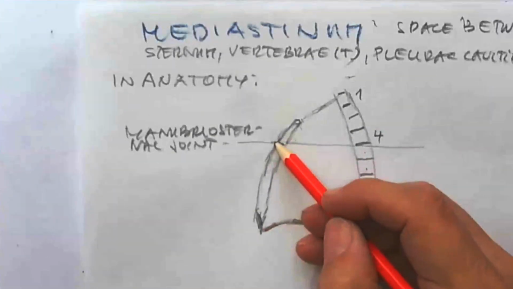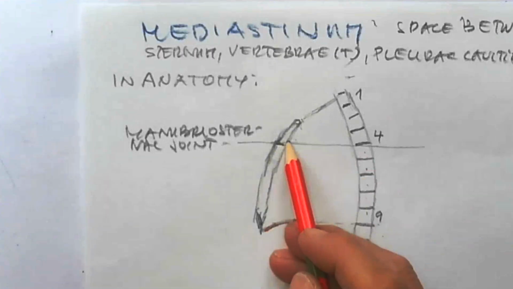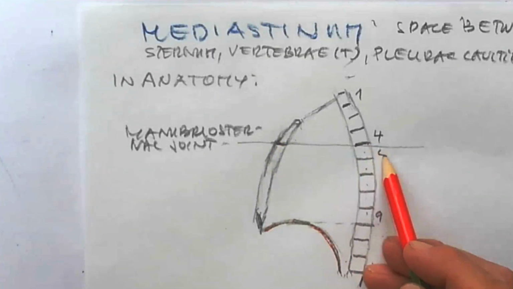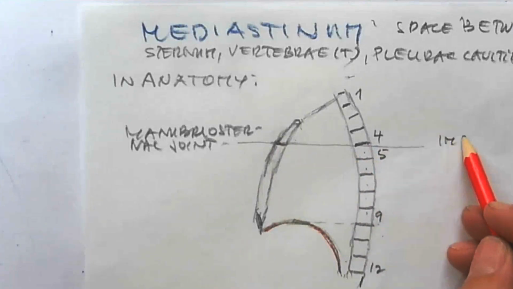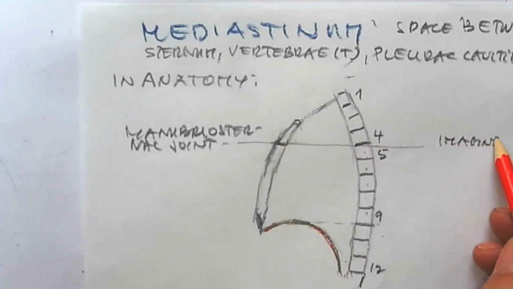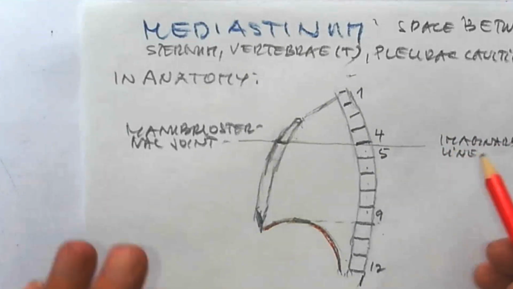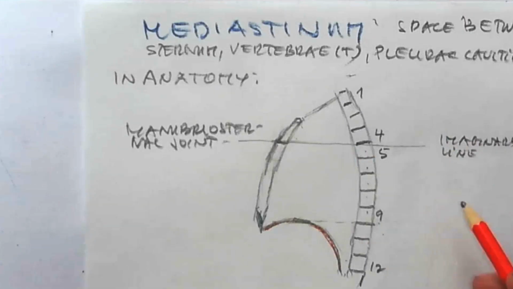But in fact, there is a small prominence, and through this manubriosternal joint and intervertebral disc number 4-5 passes an imaginary line. We know that this is an imaginary line because it helps to divide the whole mediastinum into some areas.